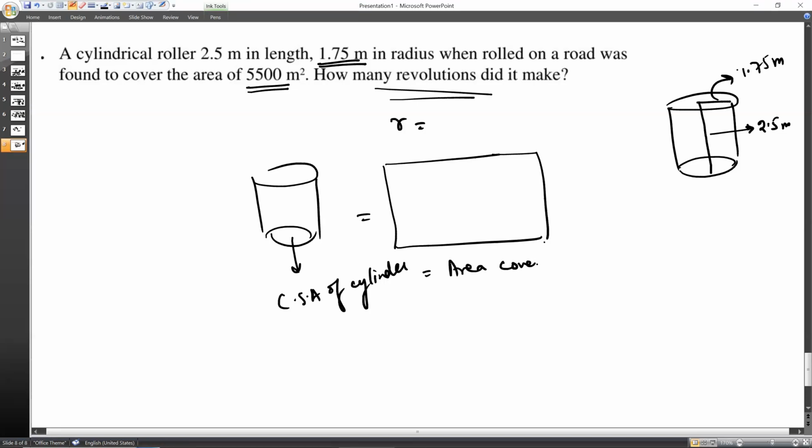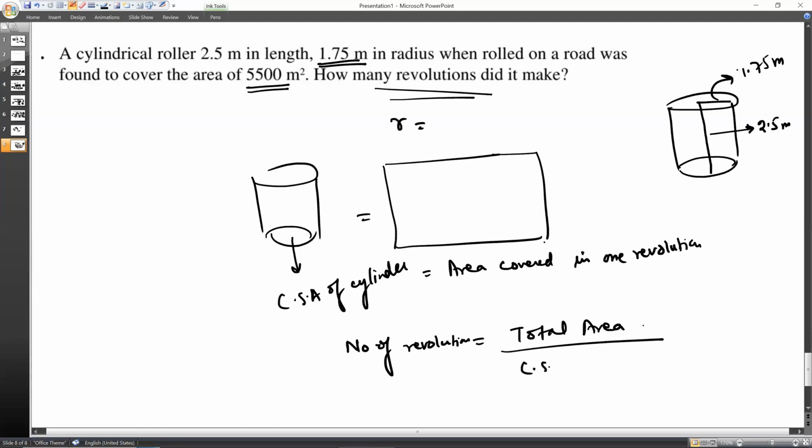So the number of revolutions is always equal to the total area upon the curved surface area of the cylinder. Okay, so please find this out.